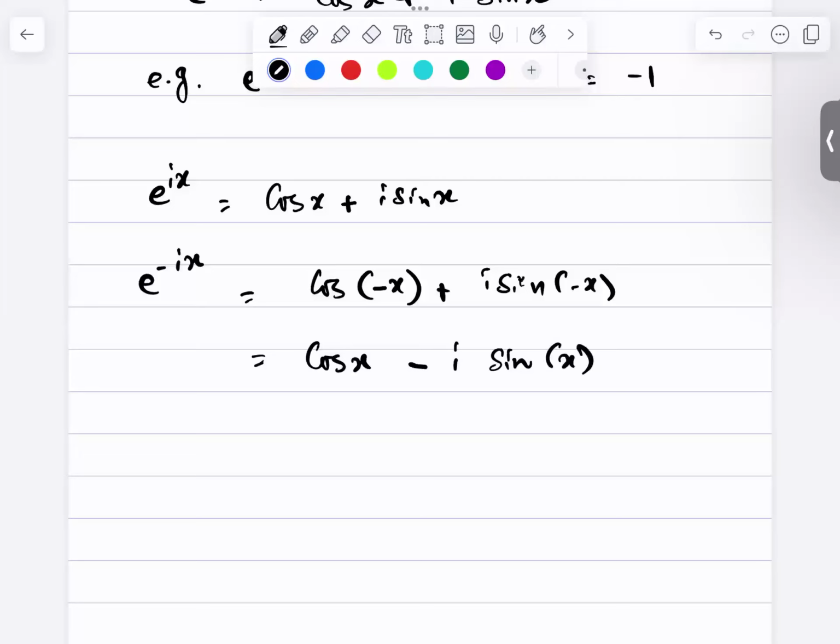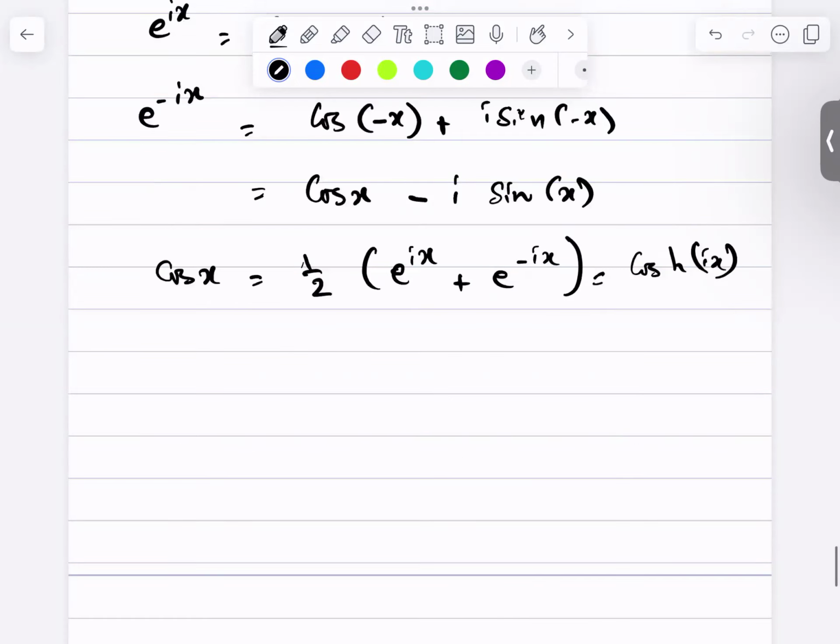So you can see that cosine x will be half of e to the ix plus e to the minus ix, which is basically cosine hyperbolic ix. And sine x, by similar logic, is 1 over 2i times e to the ix minus e to the minus ix, which is sine hyperbolic ix.